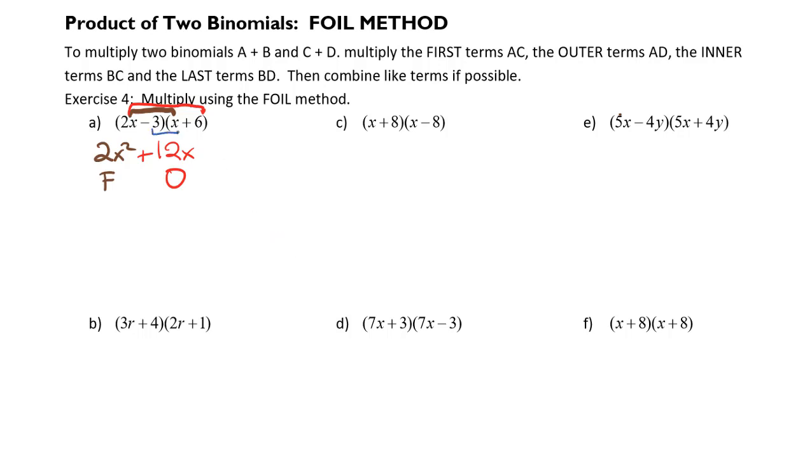Next, take negative 3 and multiply it by x. This is the inner multiplication. And lastly, take the negative 3 and multiply it by the last term in the second binomial. That will be a negative 3 times a positive 6, which is a negative 18.